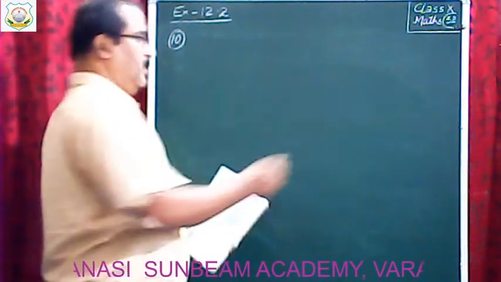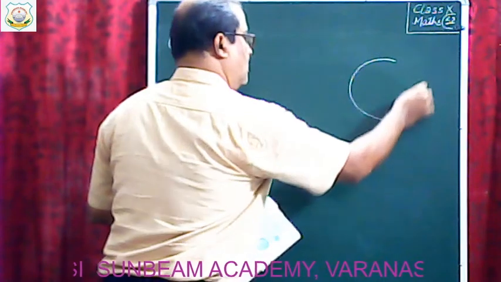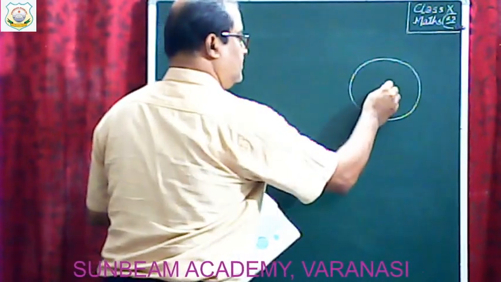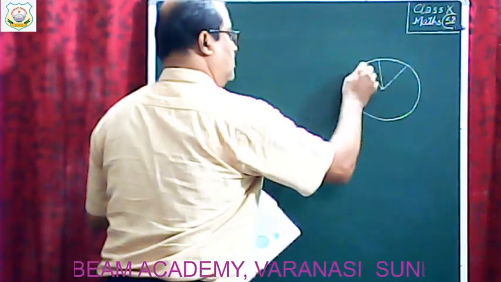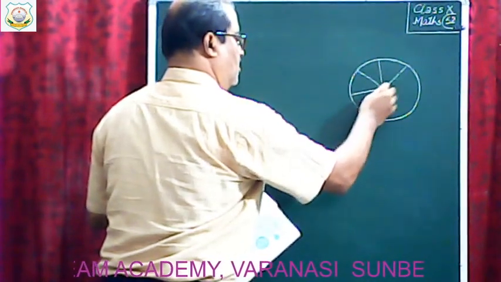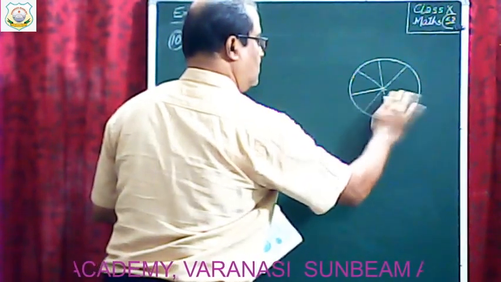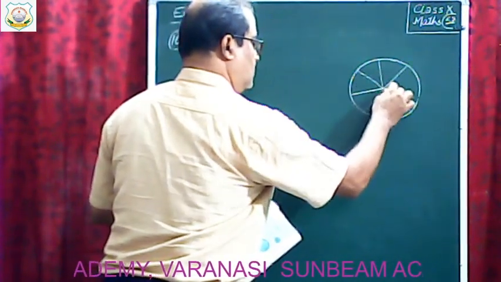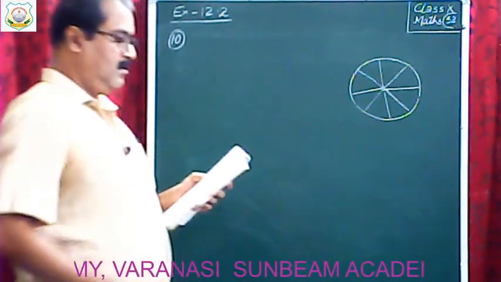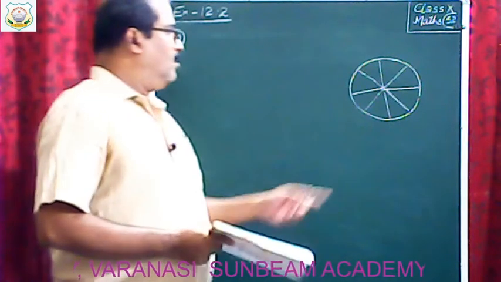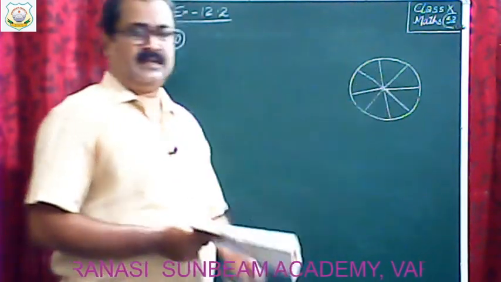Okay, figure is given. 8 ribs: 1, 2, 3, 4, 5, 6, 7, 8. Okay, we get 8 sectors.